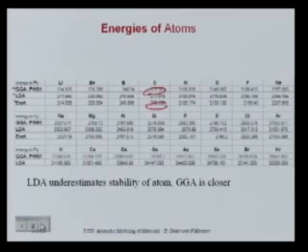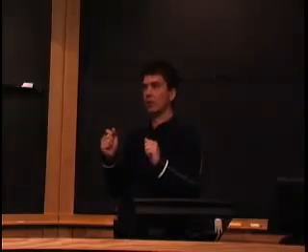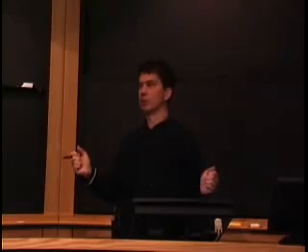It gets more interesting when you look at molecules, because now you can talk about a physical binding energy. The one we look at here is for very simple diatomic molecules. What's their binding energy? What's the energy to pull them apart?